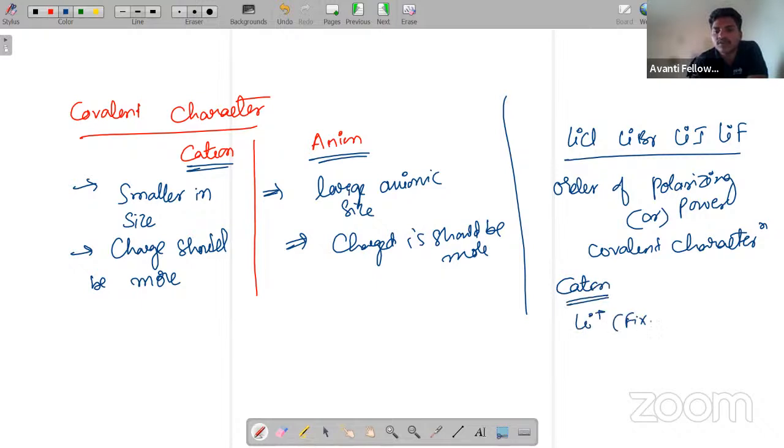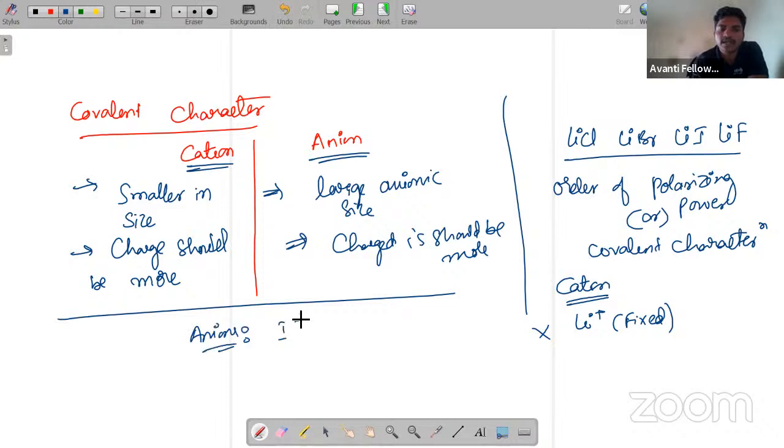So we don't need it. But the question here is about the anion. What are the anions? Anions are I minus, Br minus, Cl minus, and F minus. So this is the large size order.